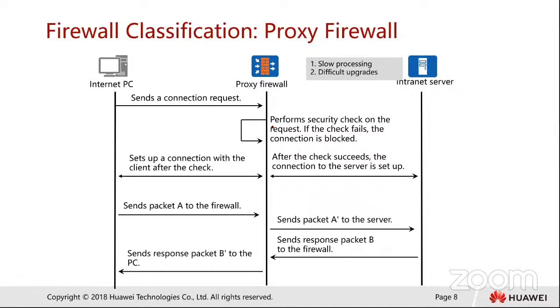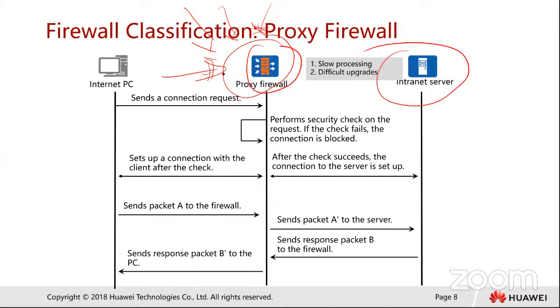But because everything is going through it, sometimes its software implementation limits its processing speed, and therefore the proxy firewall is vulnerable to distributed denial of service attack. Imagine if everything is going through this guy and someone gets their botnet with their zombies and they decide to all initiate connections to this intranet.